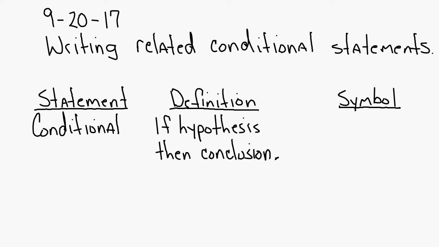The symbol for that was P, arrow, Q. And you read that symbol, if P, then Q. P represents the hypothesis, Q represents the conclusion.